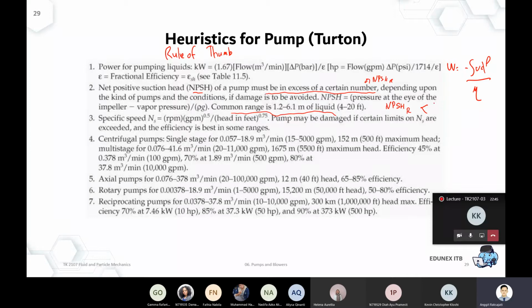You go to a pump shop, and you're being offered that pump A has the same performance, but the NPSH required will be 2 meter, for example, and pump B with the same performance. The only difference is the NPSH required is 5 meter. The other characteristics are exactly the same. Which one do you think is better? Which one do you think will be more expensive?